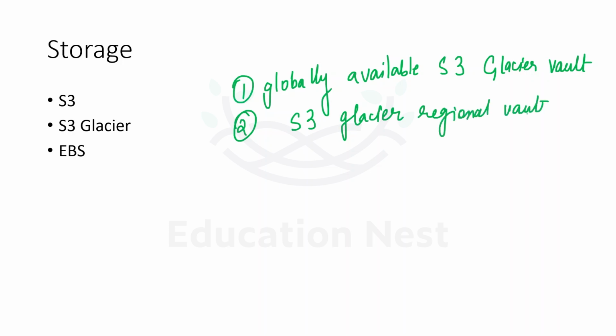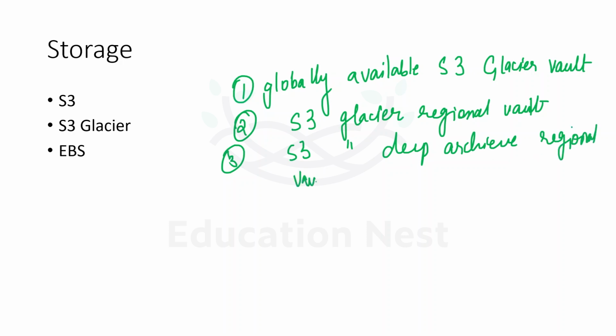And the last one, the third one, is the S3 Glacier Deep Archive regional vault. Okay, so these three are the different types of vaults that we have in S3 Glacier.